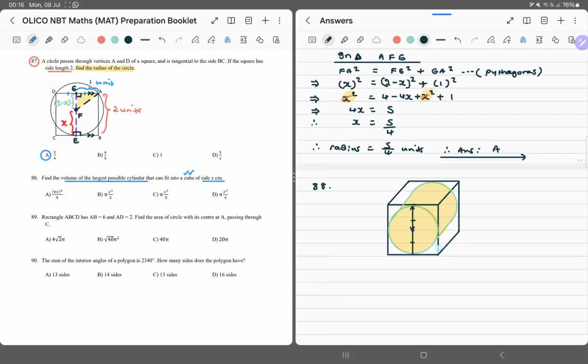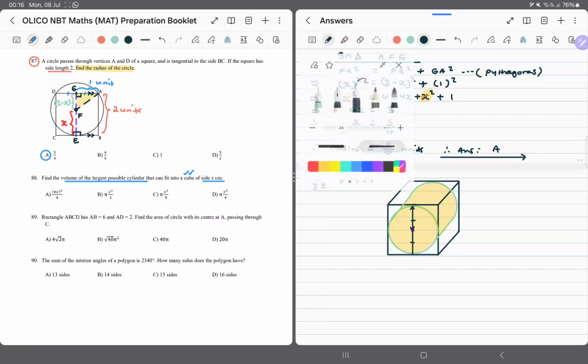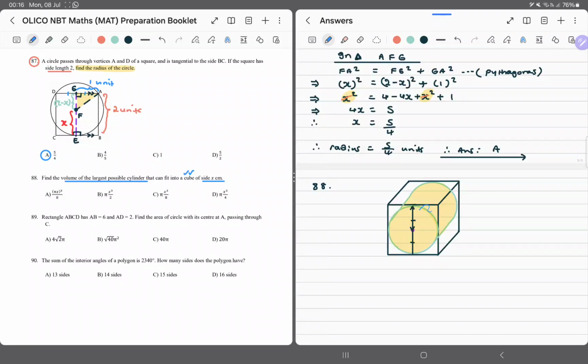But we'll also appreciate that the length here is going to be exactly the same as the dimensions of this cube. So if we say, let the radius be r, maybe x, let's just use a familiar thing. We let the radius be r, it means this dimension is going to be 2x, right?